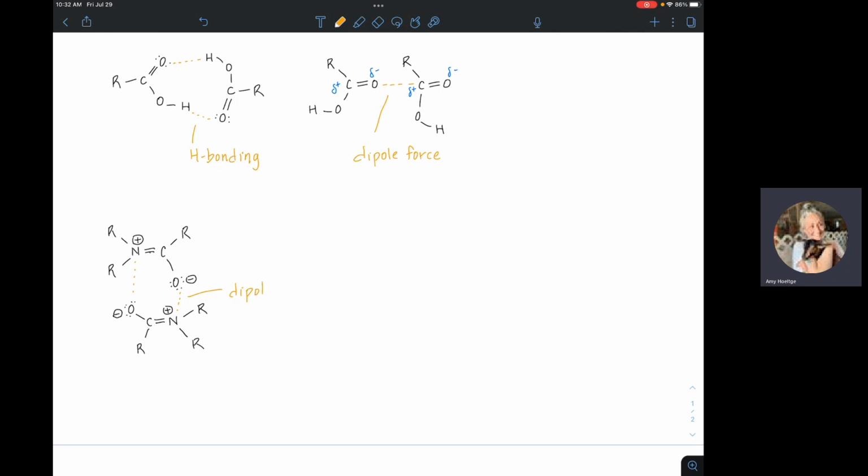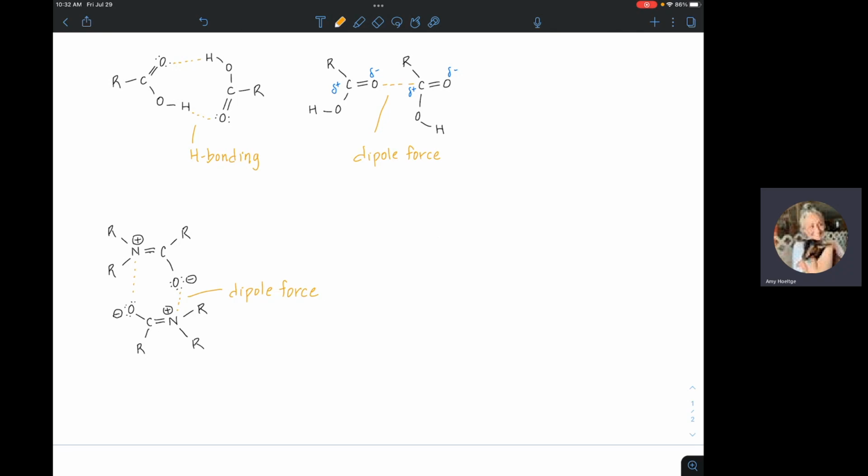And of course, if the nitrogen also has hydrogens attached to it instead of R groups, then they can hydrogen bond with each other. So overall, the amide is going to have stronger intermolecular forces of attraction.